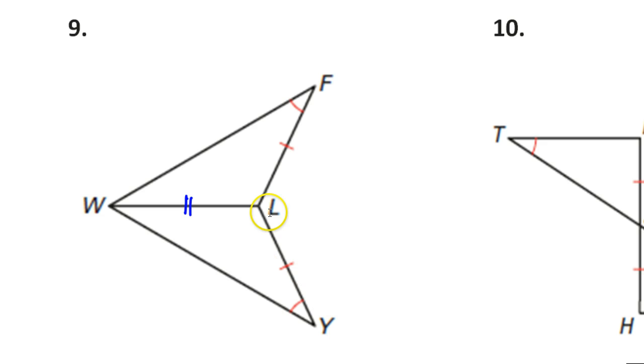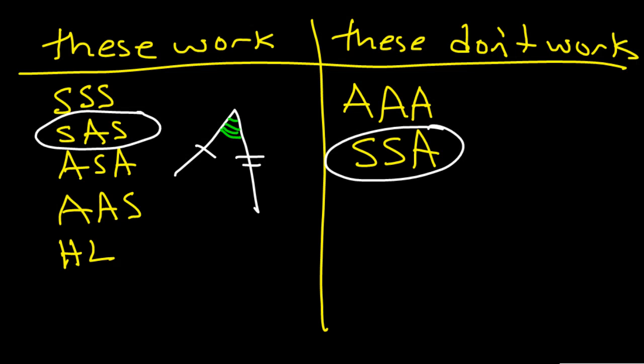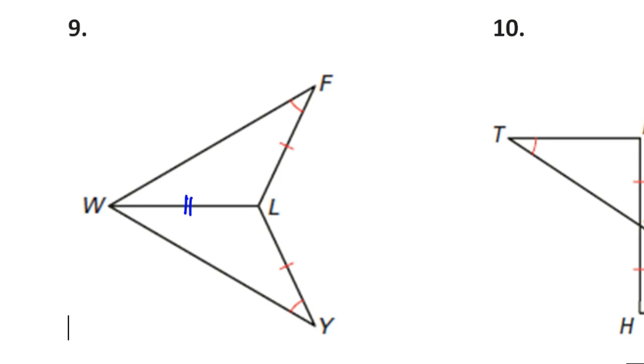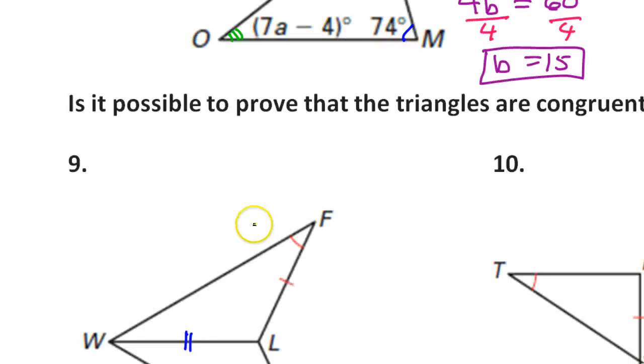So here I have 2 sides, but look guys, the angle in the middle is right here. It's not that. So when you have 2 sides and an angle that's not in the middle, that's when it's side-side angle. That's not a postulate at all. Okay, so we're going to put none.